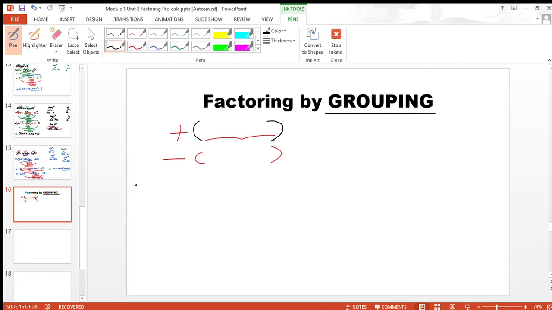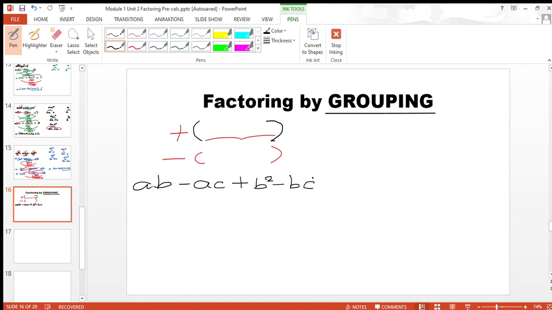Let's start with this first example wherein let's say we are given AB minus AC plus B squared minus BC.